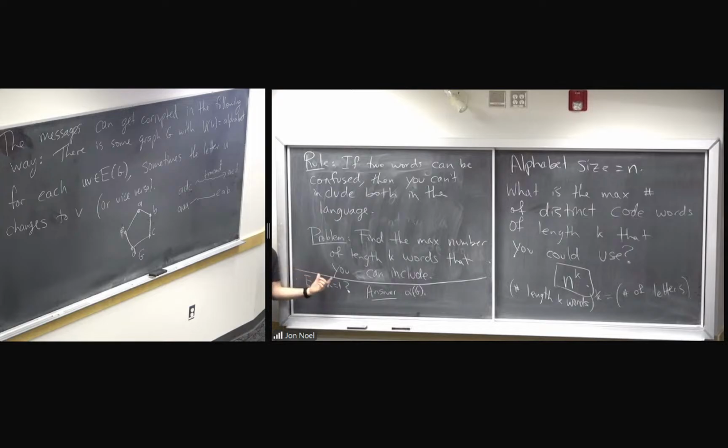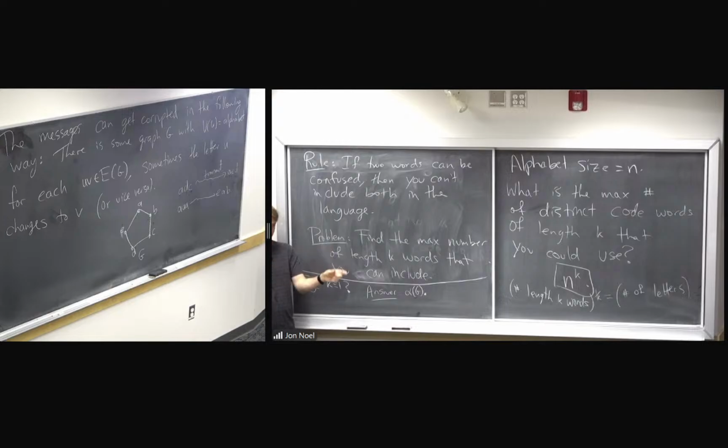So now what I want to do is say, okay, what about higher lengths of words? And I want to represent that as the biggest independent set in a different graph, a graph that is related to G in some way. Actually, it's kind of clear how to construct this graph, right? Just take all of the words of length k.